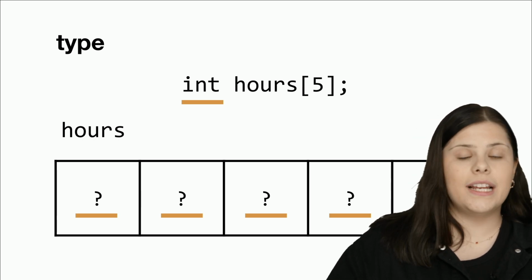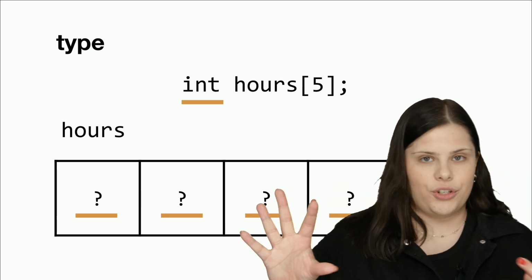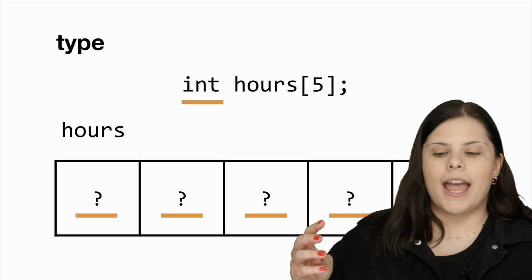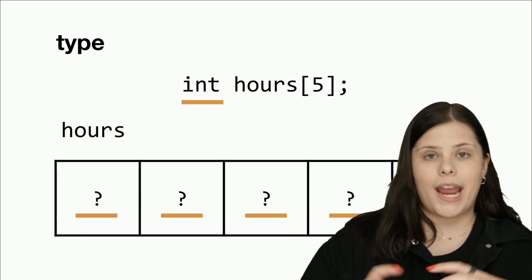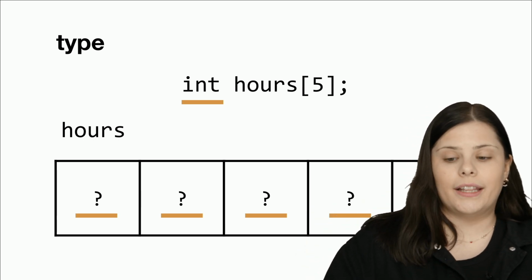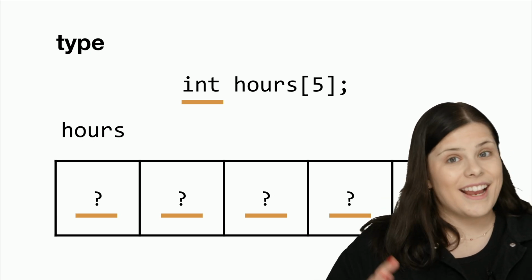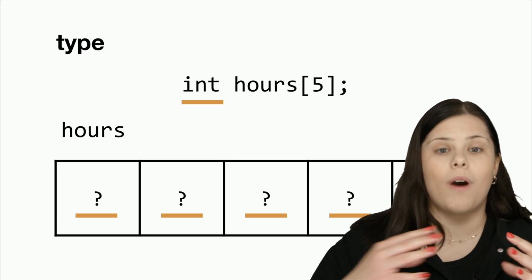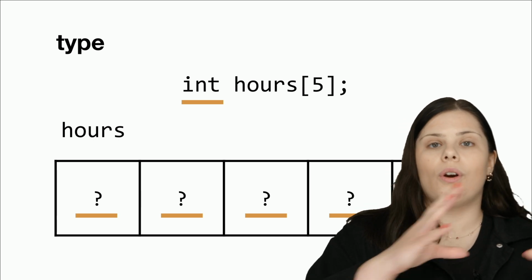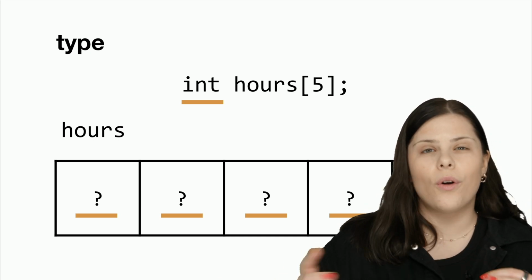Second characteristic is the type. As you might have noticed, a few slides before, we had just integers, right? Just numbers. And in front of our hours array, we put int to tell the computer that we're going to store integers. Another quirky thing about arrays is that they can only be one type, right? We can only store all integers or all strings or all characters.